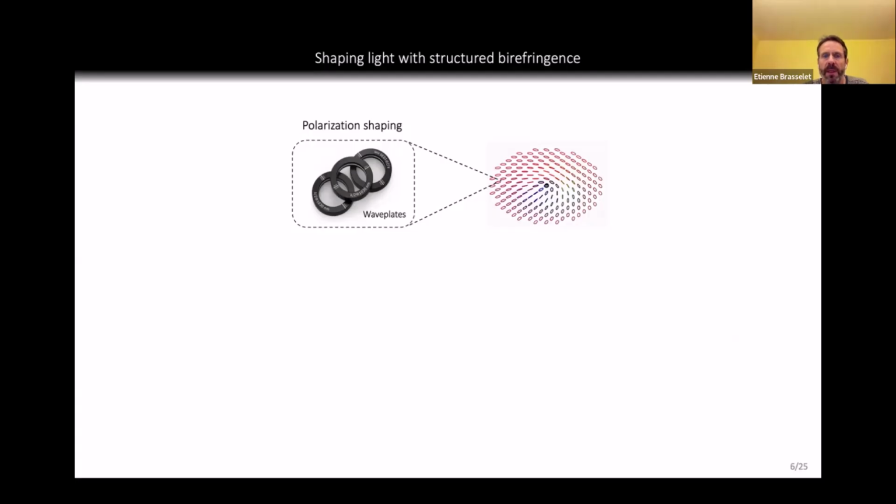Our first step was to realize that if you want to have a given field of polarization ellipses, it means, optically speaking, that you would like to shape, it's quite a straightforward statement, a polarization ellipse point by point, which can be done, for instance, using wave plates, if you have microscopic wave plates. So you just prepare the appropriate sets of wave plates, retardance characteristics, orientation of their optical axis, and then you will be able to shape any inhomogeneous polarization field from a given arbitrary uniform polarization state.